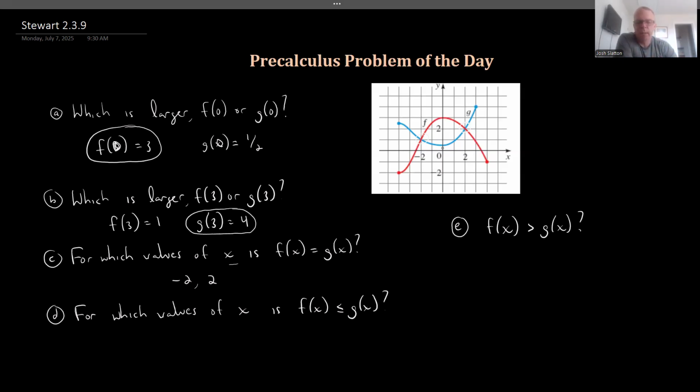Now, for which values of x is f of x less than or equal to g of x? Now we're looking for where f of x is below g of x, or crosses. So we're going to include these two values in this answer. Since we have these closed circles, that indicates that the graph does stop.